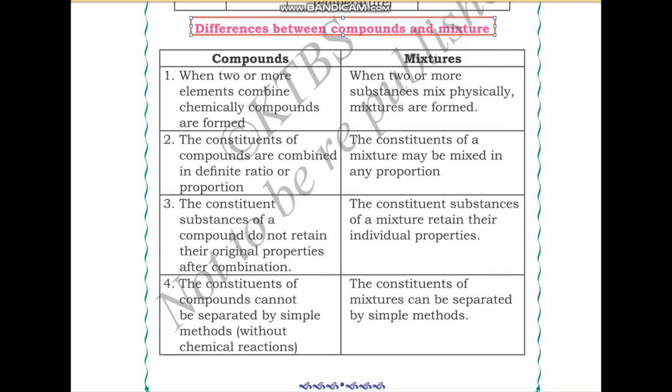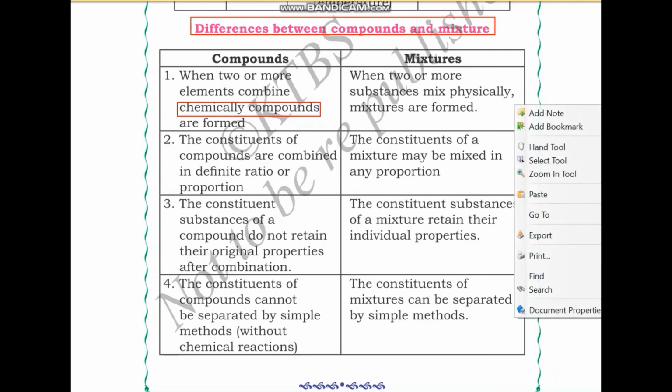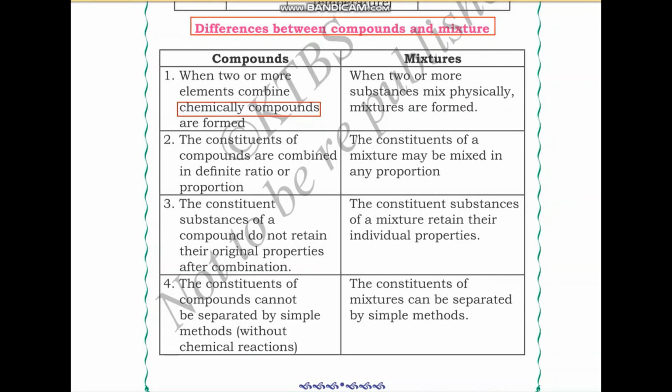Compounds: when two or more elements combine chemically, compounds are formed. So there needs to be a chemical combination for the formation of compounds. And when two or more substances mix physically, it is called a mixture. Okay, so a mixture is when two or more substances mix physically.